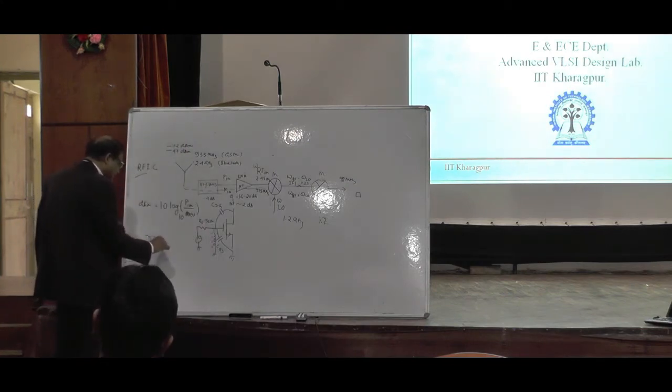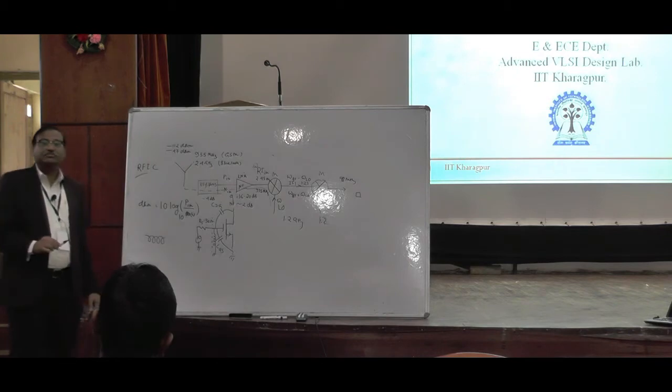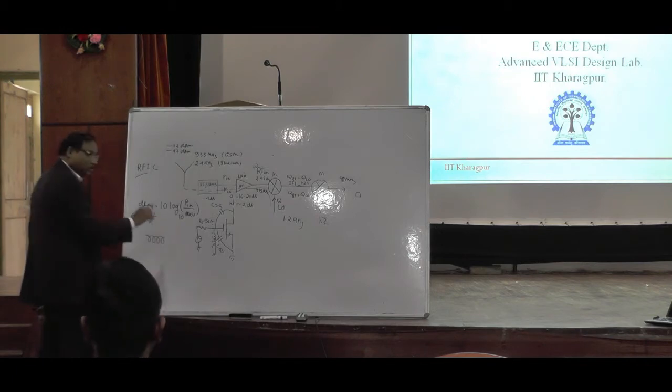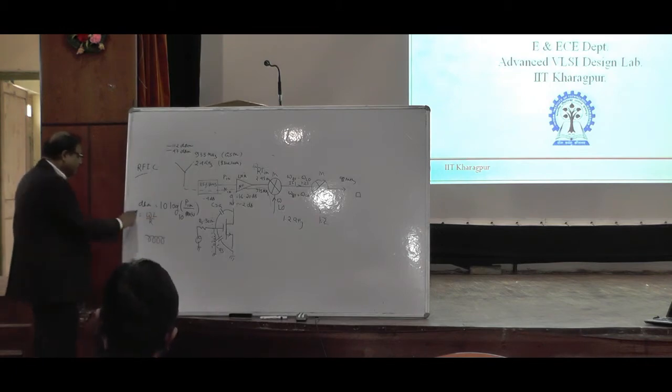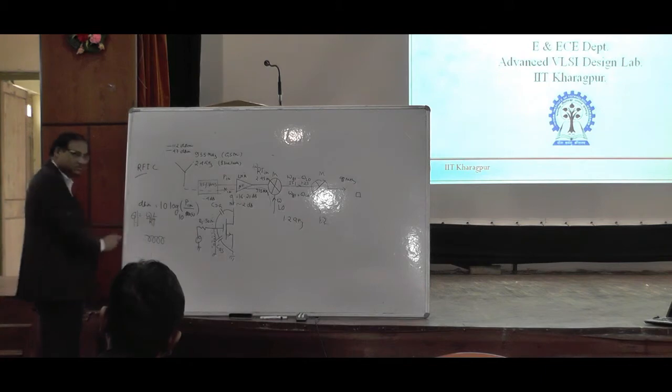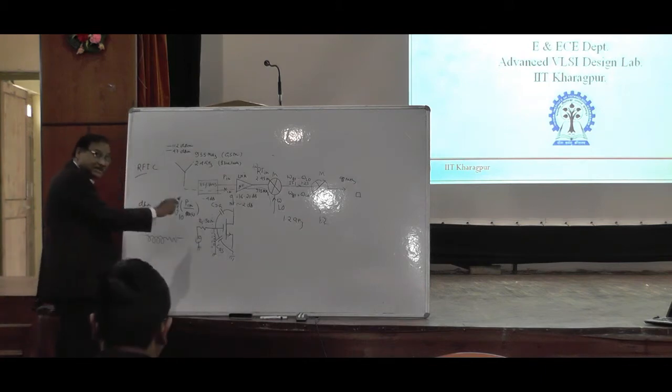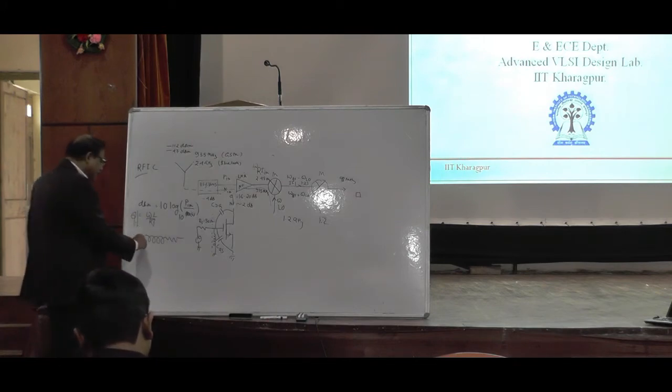But if you have a look, an inductor is not an ideal inductor. I say the quality factor is very poor. What is quality factor? Q equals omega L by R. So poor quality factor means R is high. That R is basically in series. I am talking about that series resistance. But why do you have this?